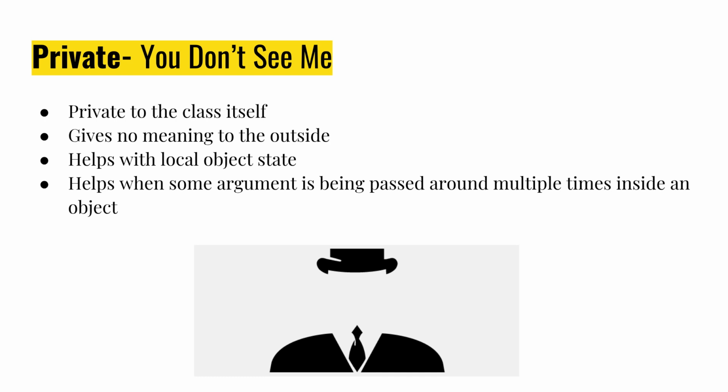So why do we need private then if it has no meaning to the outside? You might ask. Well, if you find yourself passing the same variable around to multiple methods multiple times, it's wise to have a local object state, thus having that variable inside an object. And instead of passing it, you can reference it through a private field that you assign the value to.